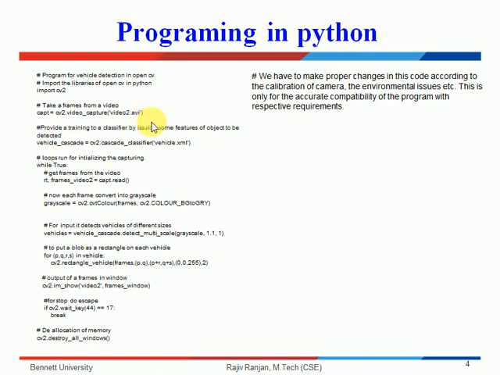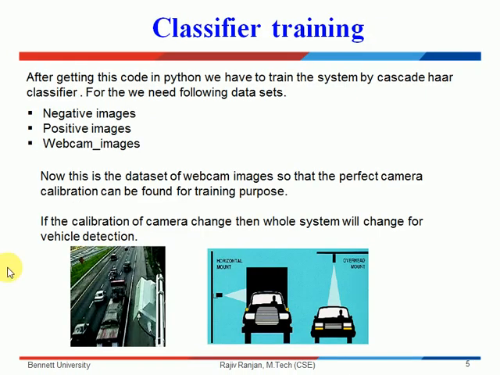If we use a different video, then we should have the training of the dataset related to that scenario, right? So this was the part of programming. And next I have mentioned some things here about the classifier training. After getting this code in Python, we have to train the system by cascade Haar classifier.